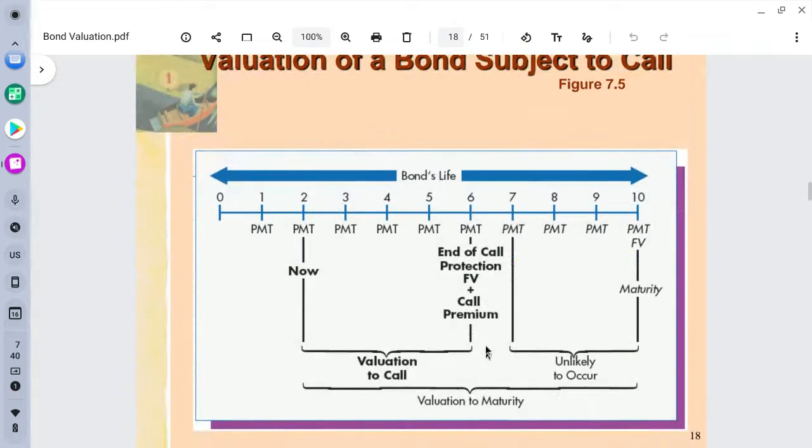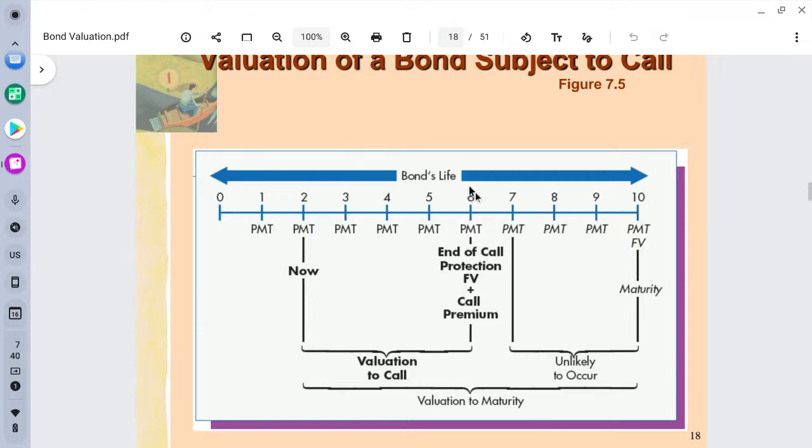Basically, we make an adjustment to the face value. We discount because at the end of year 6, which is 4 years from now, you will receive 1,000 plus one more $100 that wasn't originally there.